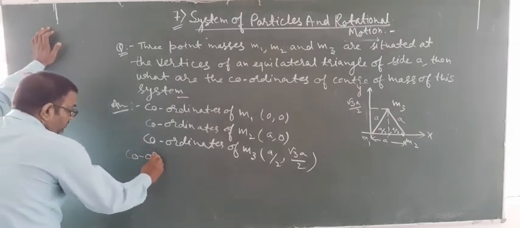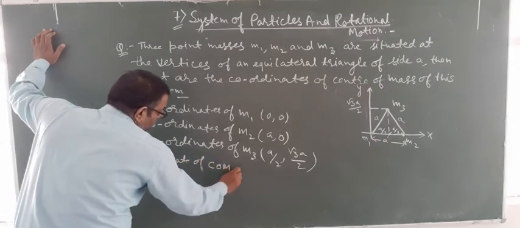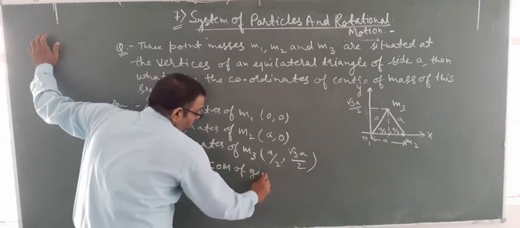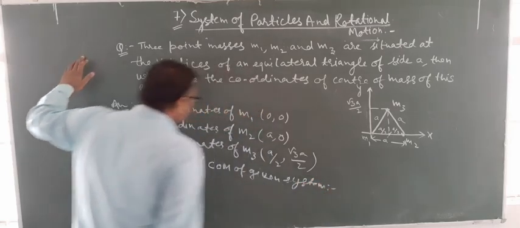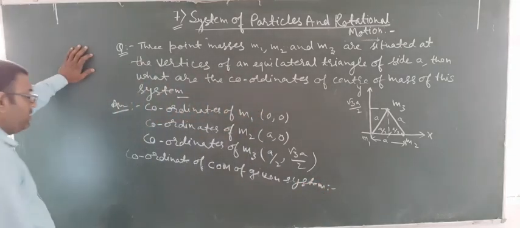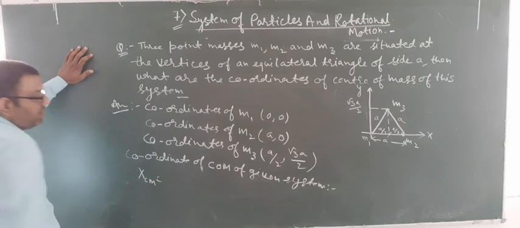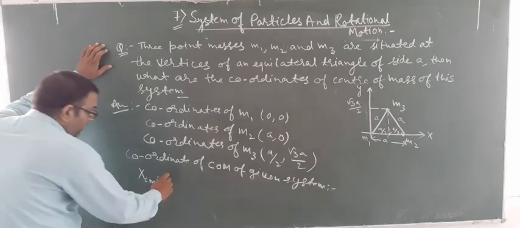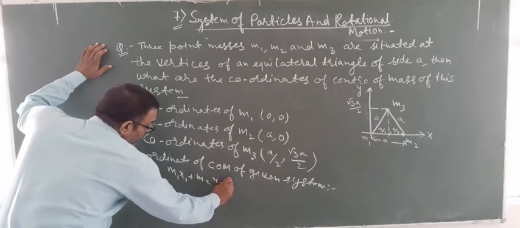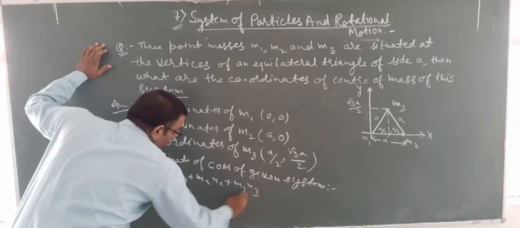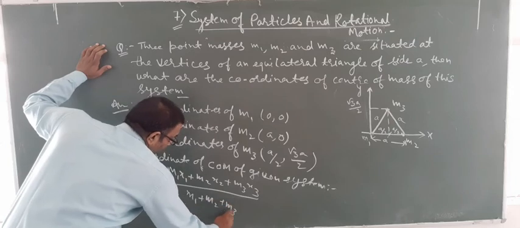So for the x coordinate of the center of mass, it is M1x1 plus M2x2 plus M3x3 upon M1 plus M2 plus M3.